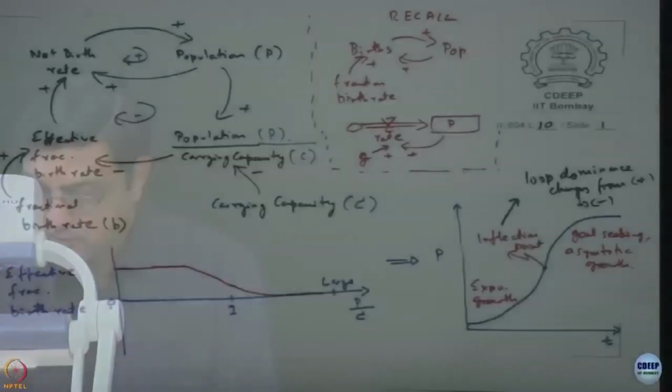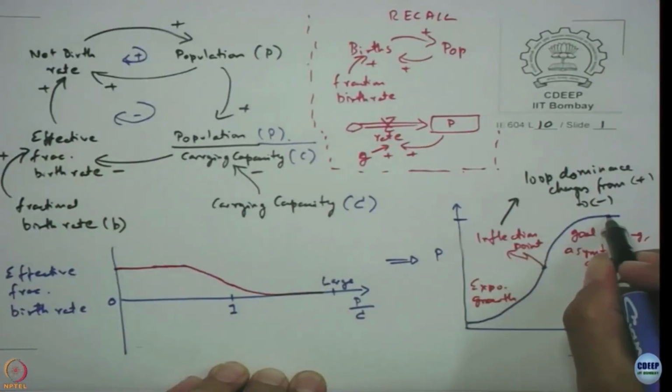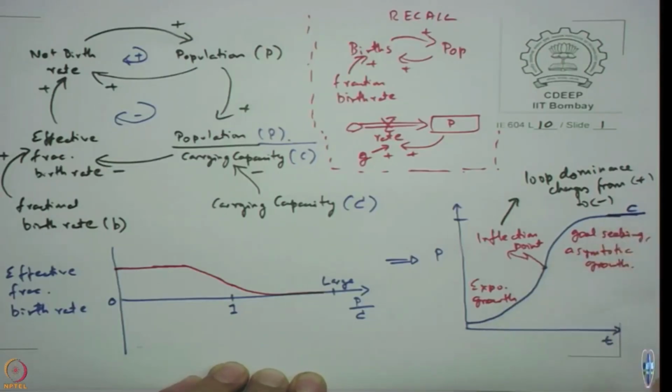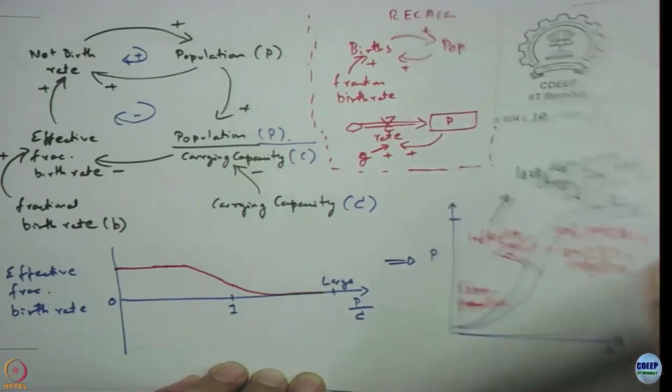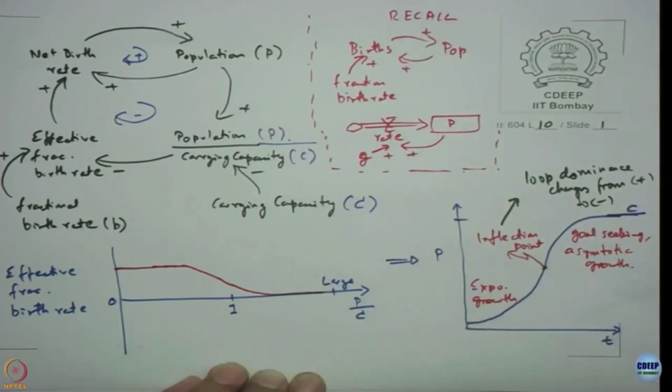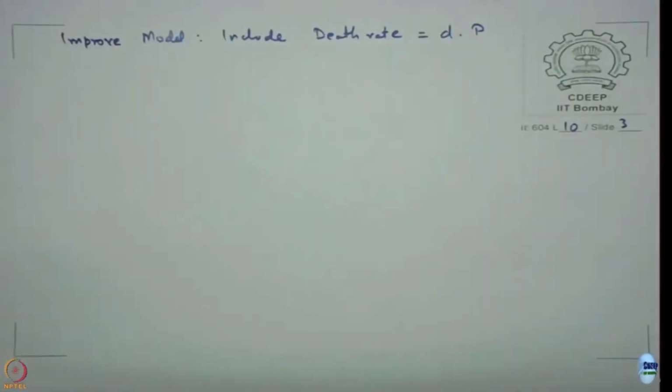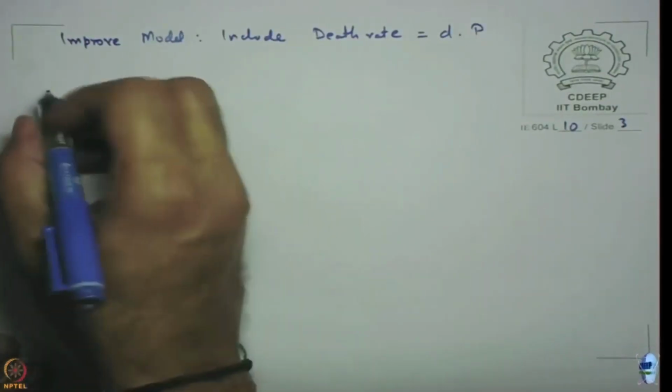In the first case, we reached the carrying capacity C. This point became equal to carrying capacity. Just to recall, we are looking at one graph like this, one like this, and one for the rate level. Let's start drawing that.